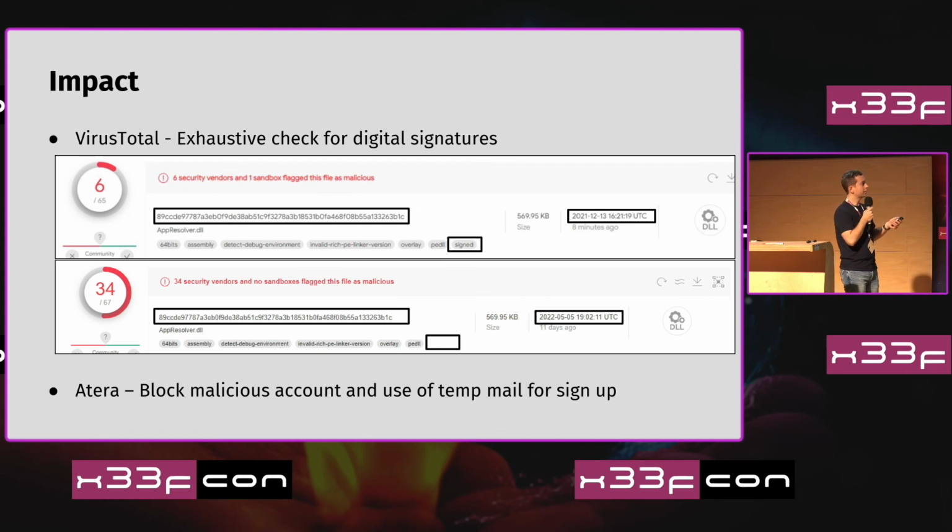And just a few months later, after we published our research, the signed tag is no longer present on this file. We contacted VirusTotal, and we were told that after our research was published, they decided to apply Microsoft's fix to their system, and now files that make changes to the signature for PE files will no longer show up as signed. So we're pretty proud of that.